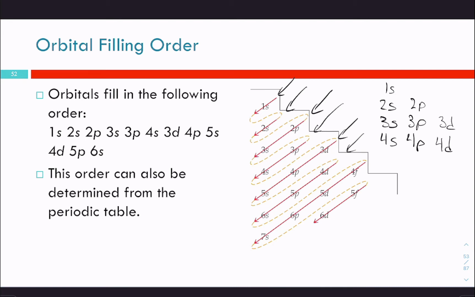And then when you're trying to figure out what order you need to fill in, you move at a diagonal. So we start with 1s, then we go to 2s, then 2p, to 3s, to 3p, to 4s. And this also brings about skipping 3d and filling 3d only after we filled 4s. So without having to memorize it, all you've got to do is remember, write a column of the s orbitals, and then the p orbitals and the d orbitals, and where they start, and then fill at a diagonal.